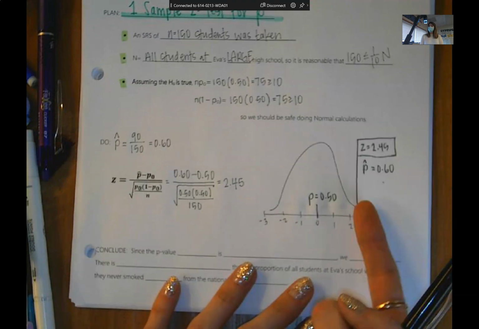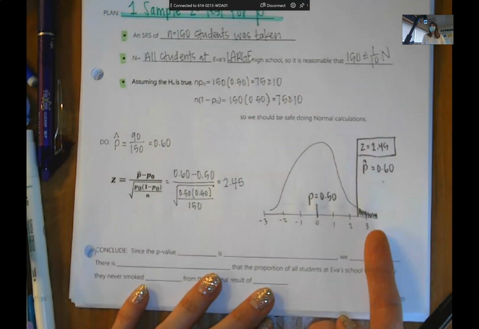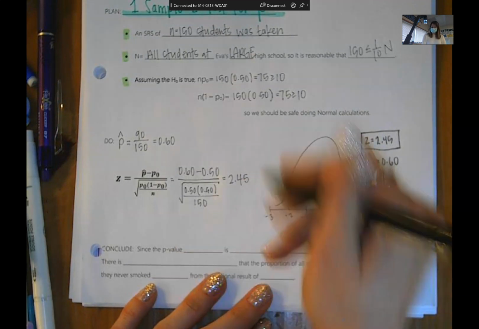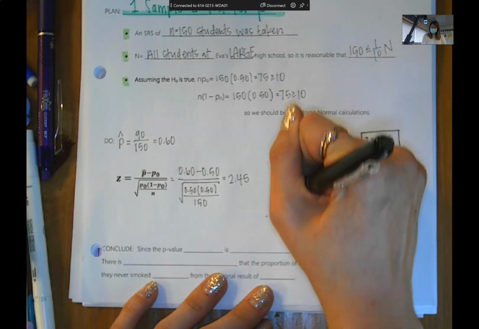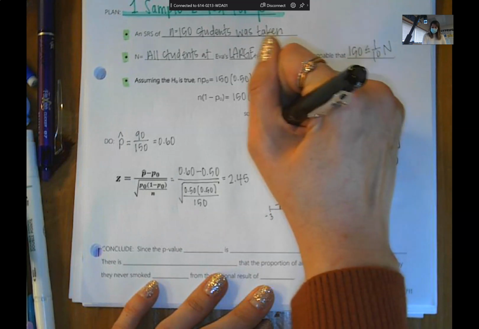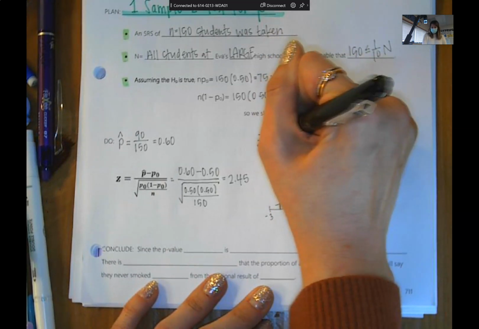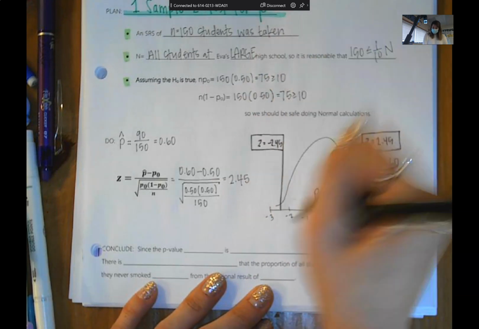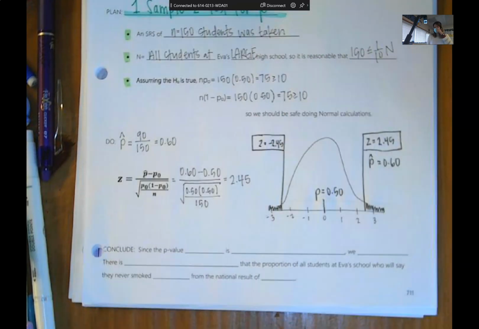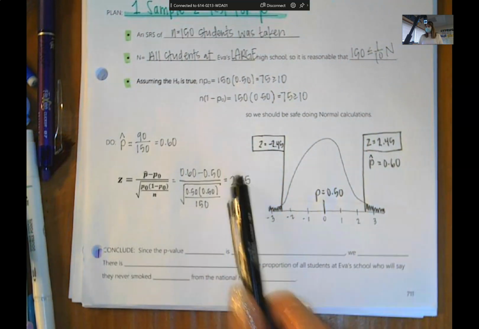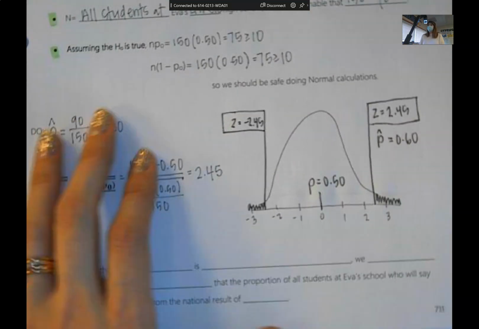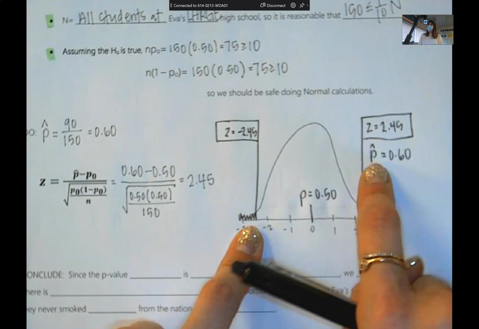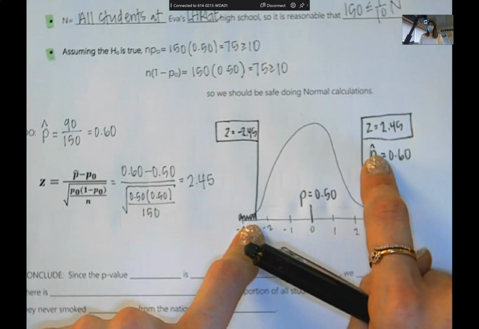So what we do is we take this Z value and we use its mirror. So we plant another flag at negative 2.45. We don't list a sample value that would match that. We just list that we would take our sample value.